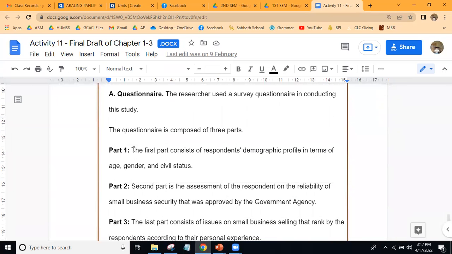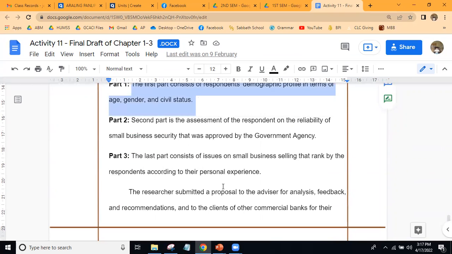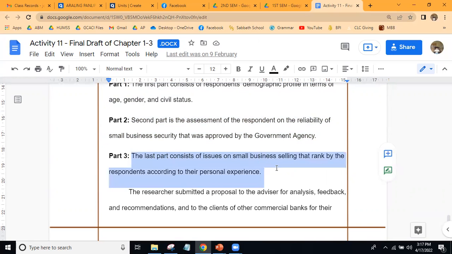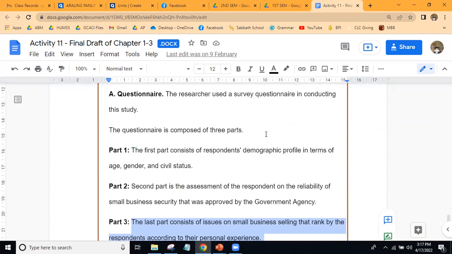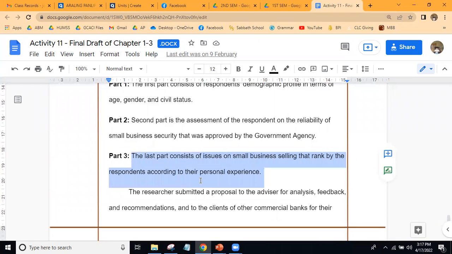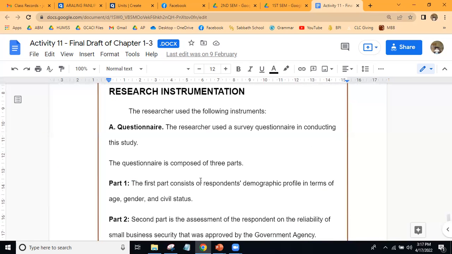Ito, since hindi ito nagtugma dun sa kanilang ginawang questionnaire, ay papabago natin, no? Papapalitan. Kapag nagawa nyo na yung talagang questionnaire at hindi tumama dun sa ating research instrument, ay papalitan. It's either your questionnaire or this portion ng inyong research.